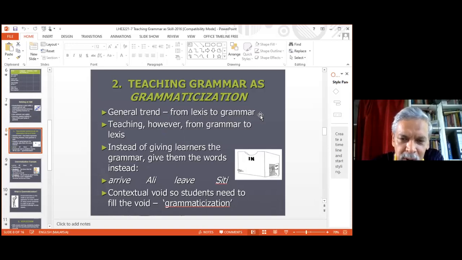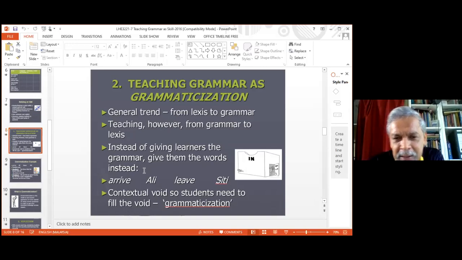Of course, they have to introduce some words first. So the suggestion here is, instead of giving learners the grammar, give them the words instead, and let them make sense of the words in order to come up with a sentence.